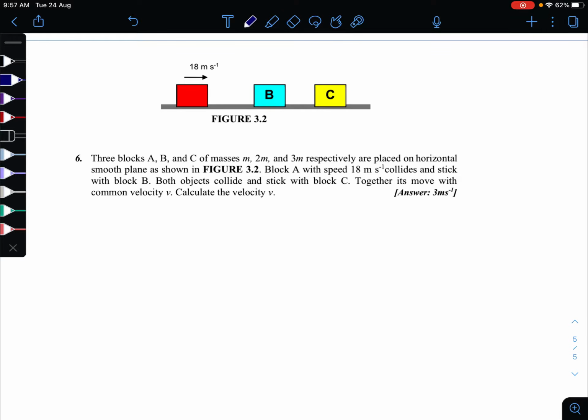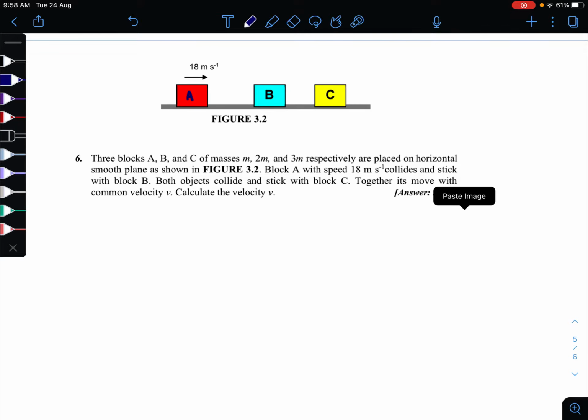Calculate the velocity V. Basically, the red color is our block A. Block A is the only block that is moving. It is going to collide with block B, and after that they stick together. Both these objects then collide and stick with block C. So basically there are 2 collisions that are going to occur.